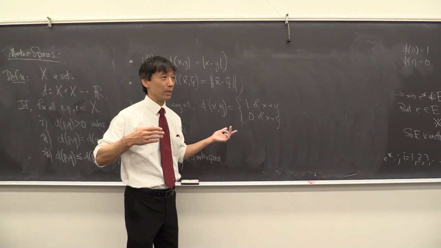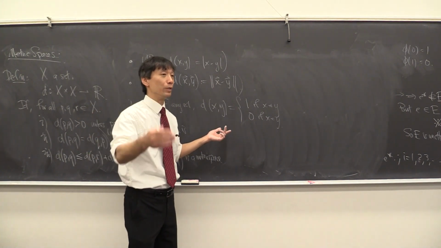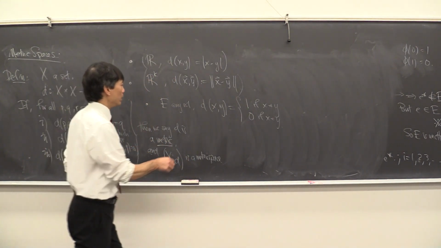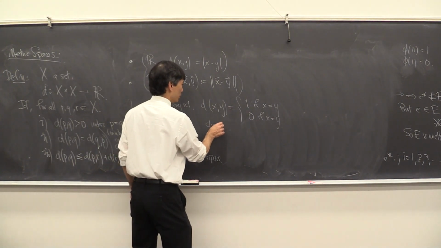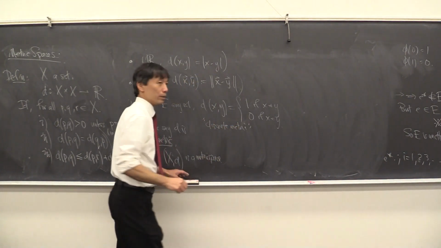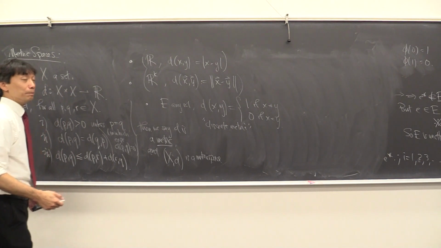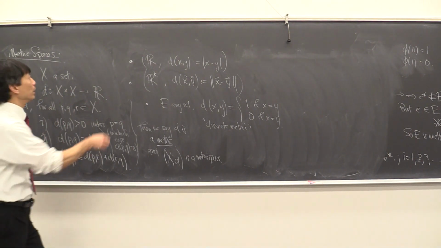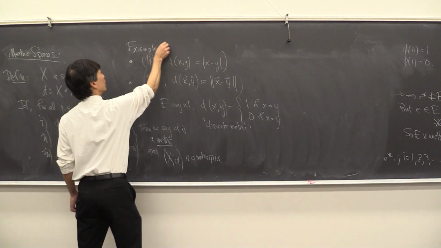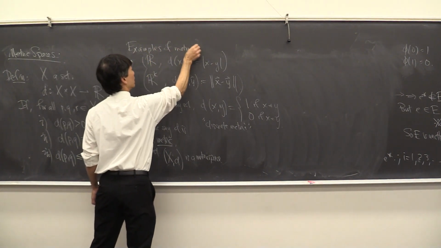If it's somebody who's not me, it's 1 plus 1, which is 2, which is certainly greater than 1. This is called the discrete metric. It's another example. So these are the standard examples of metric spaces.